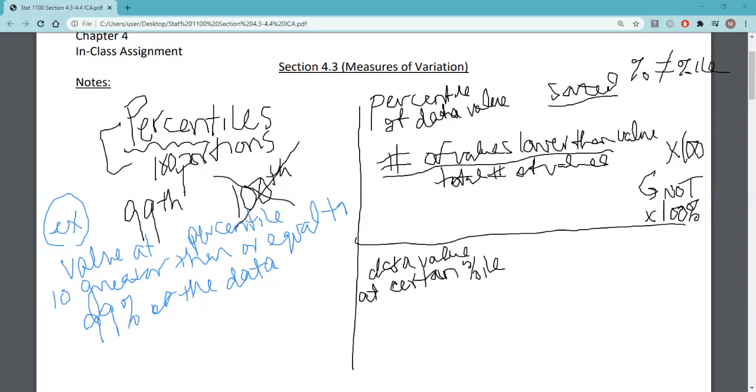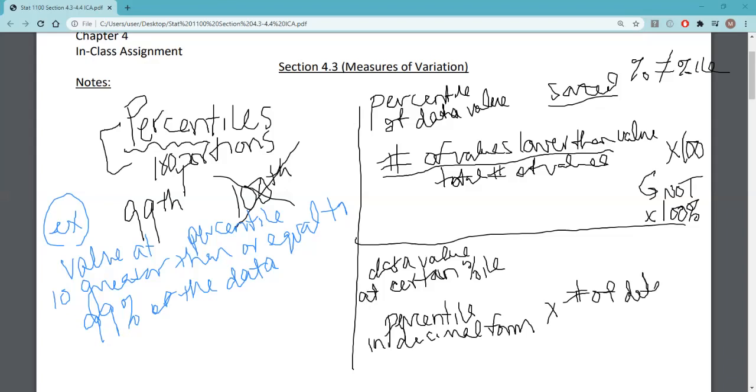So we're looking to take the percentile in decimal form and multiply it by the number of data values in the data set.